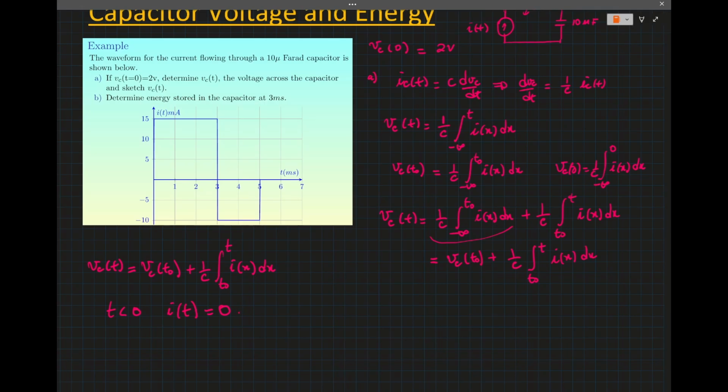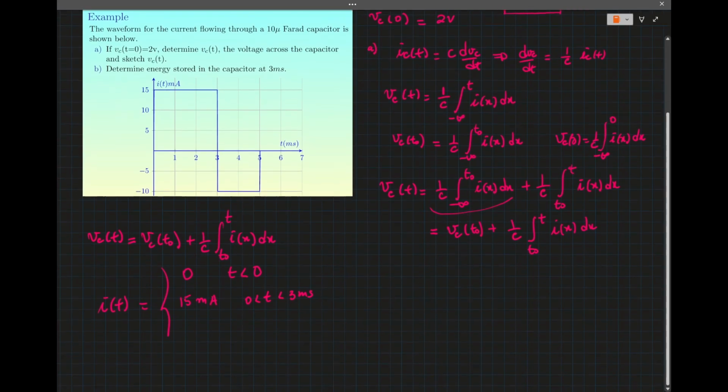Let me do this properly. I'm going to write it as a piecewise function. I of t will be 0 for t less than 0, and it will be 15 milliamps for 0 less than t less than 3 milliseconds, and then it's negative 10 milliamps for 3 milliseconds less than or equal to t less than 5 milliseconds.